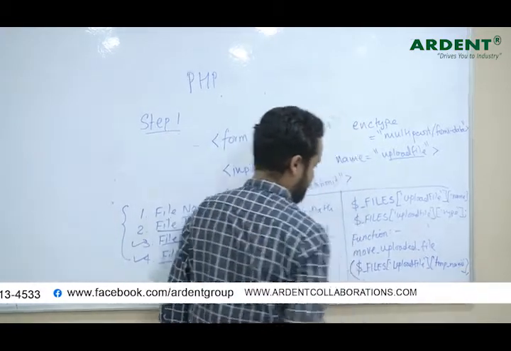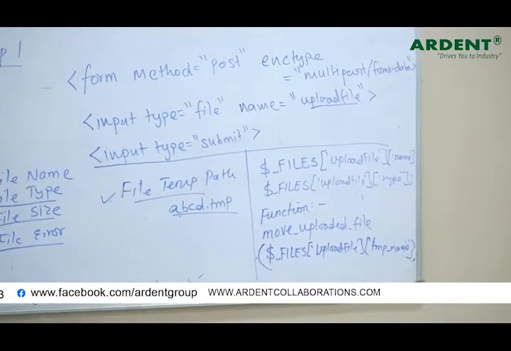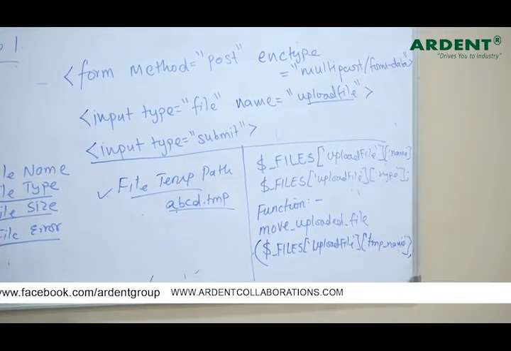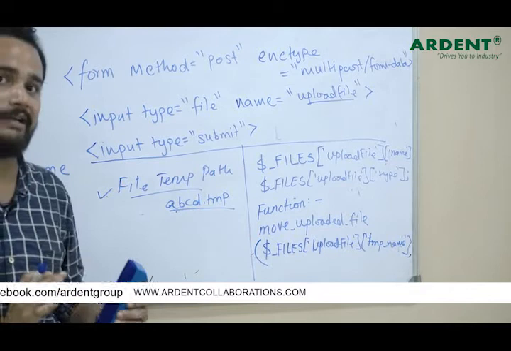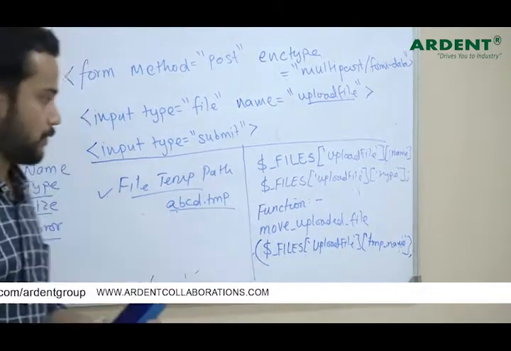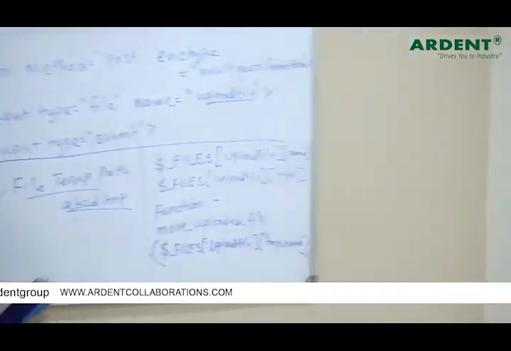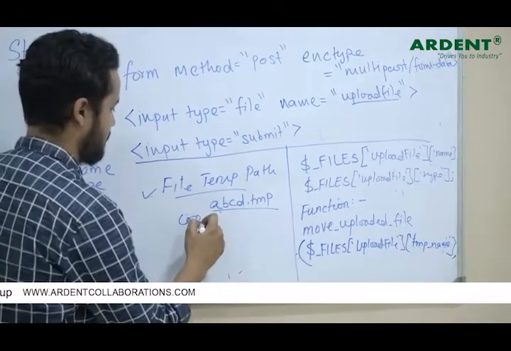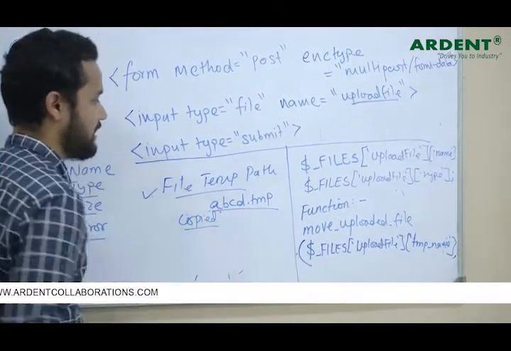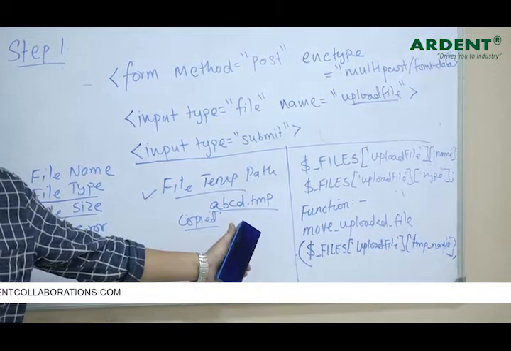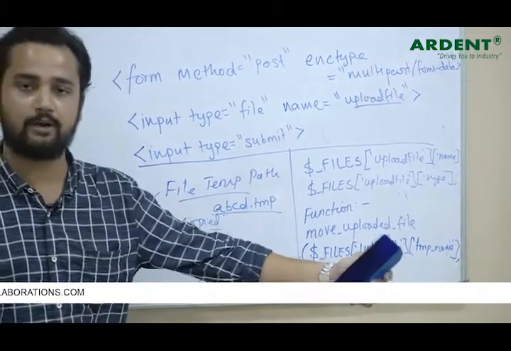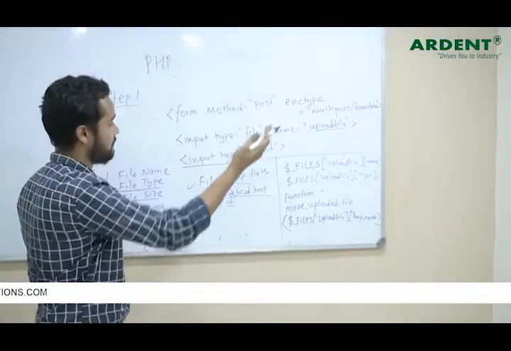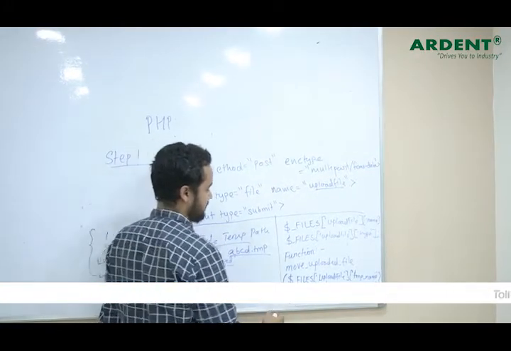And the second argument it takes is the destination. What is the destination? Where exactly the file will get stored. So this is not the exact file, this is the copied file, right? Now we need to move this file to a working directory on the server. So on the server end, there must be a destination path.